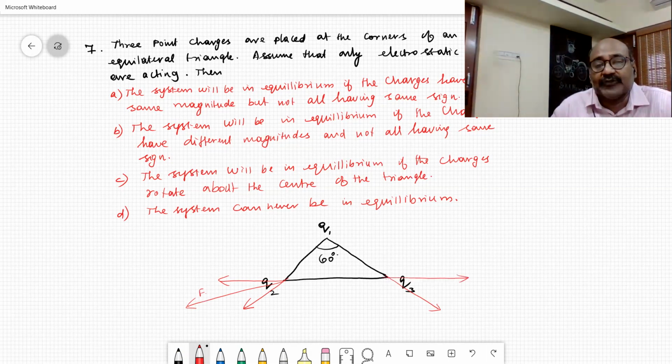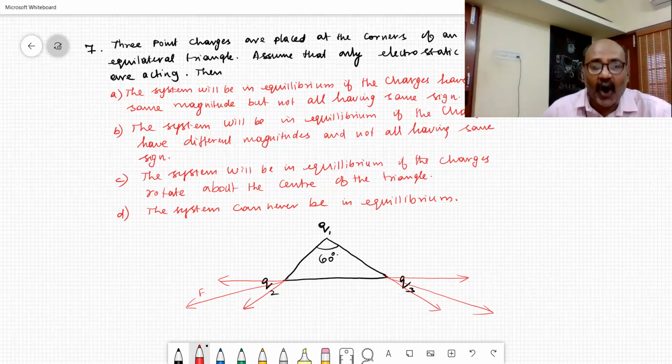So the resultant force will be along the line joining the diagonal. The same concept applies at Q1 also. On Q1, due to Q2, the force acts along this direction, and due to Q3, the force acts in this direction. If the charges are of the same nature, then the resultant will be along this direction.